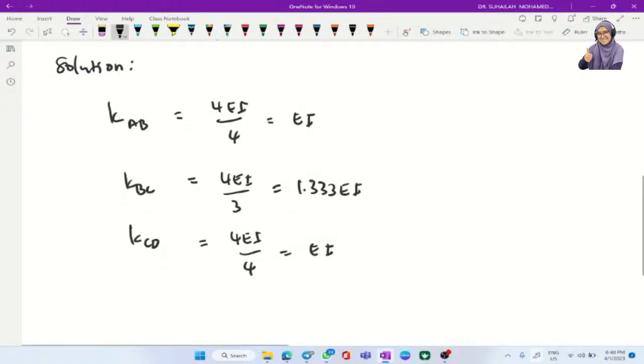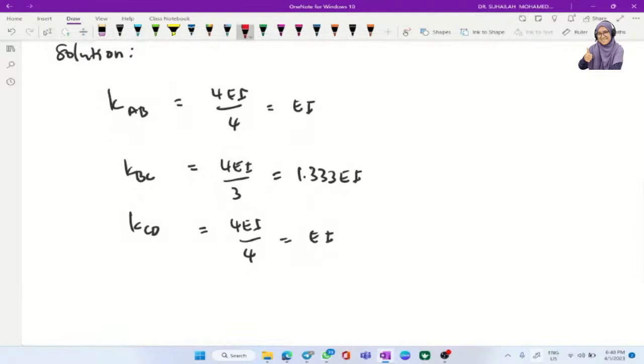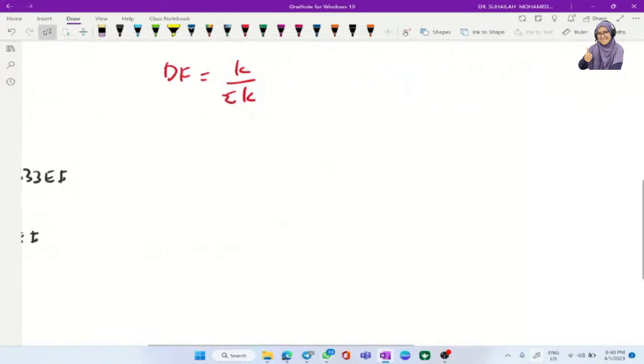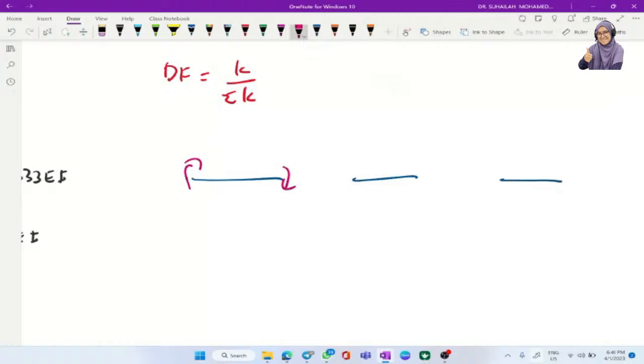Okay? And always remember that the distribution factor formula is K divided by total K. How many distribution factors in this diagram? We have 6 distribution factors because we have member AB, member BC, and member CD.